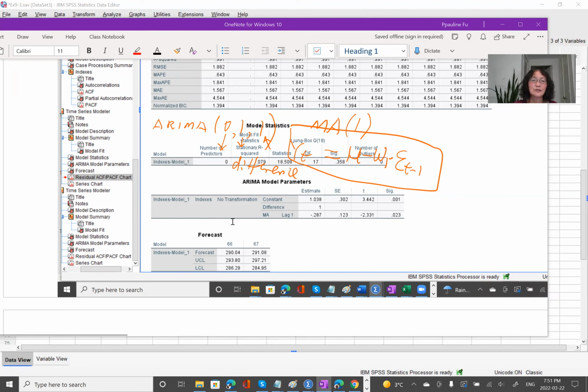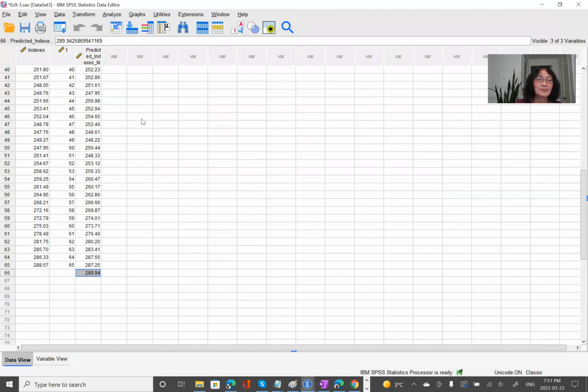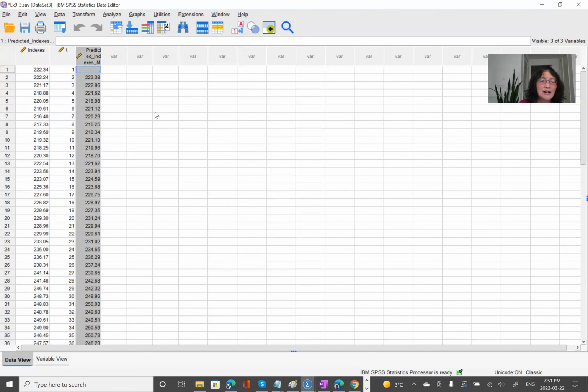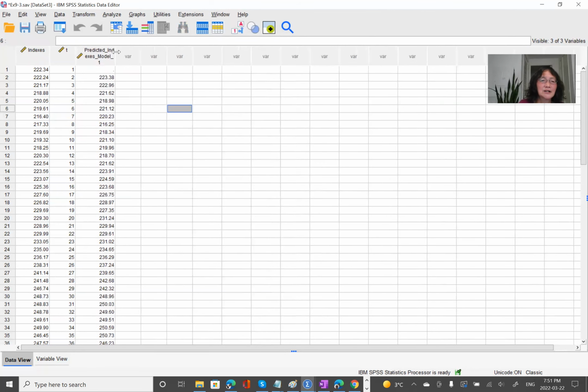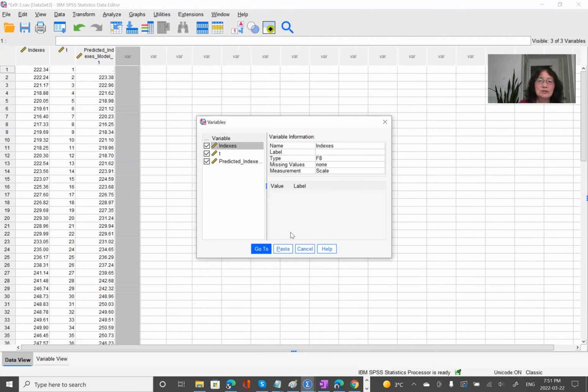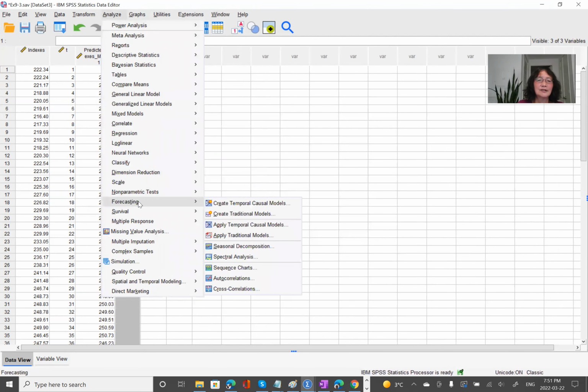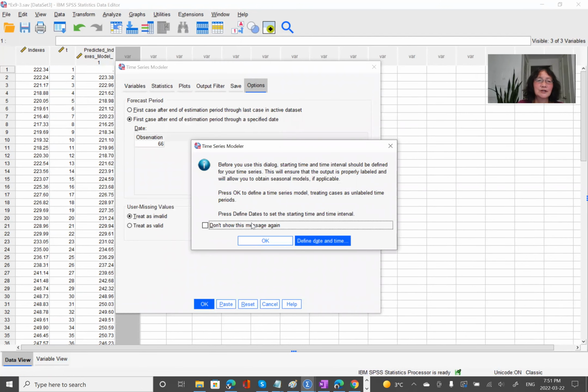Now let's do ARIMA 0, 1, 1. So I'm going to delete this. I can keep this later on; the result we put here. Go to Analyze, Forecasting, Create Traditional Models.